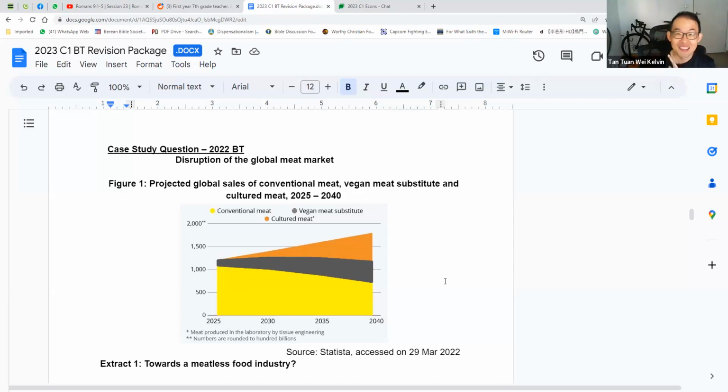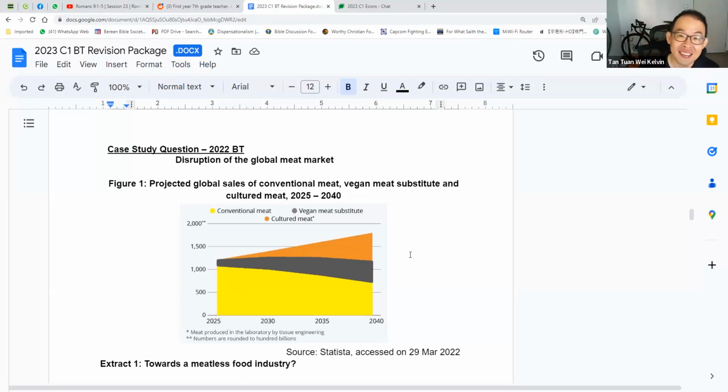It makes zero sense to say, for example, in 2025, if this value here is 1,000, the peak is 1,100 billion. It doesn't make sense to add up the different types of meat together to form this number to tell me that this is the quantity. It makes zero sense at all because, like the old saying goes, you cannot compare apples to oranges, so you cannot add them together just in terms of quantity.